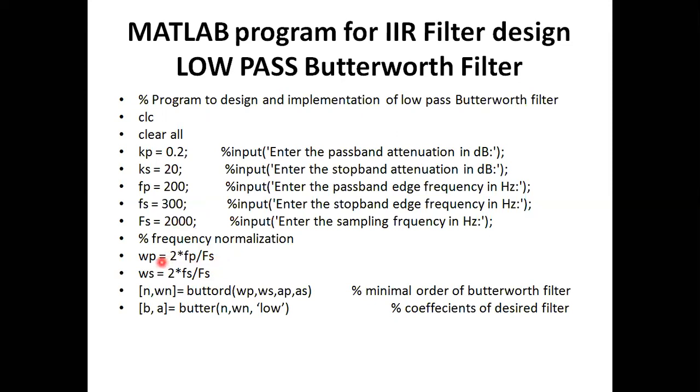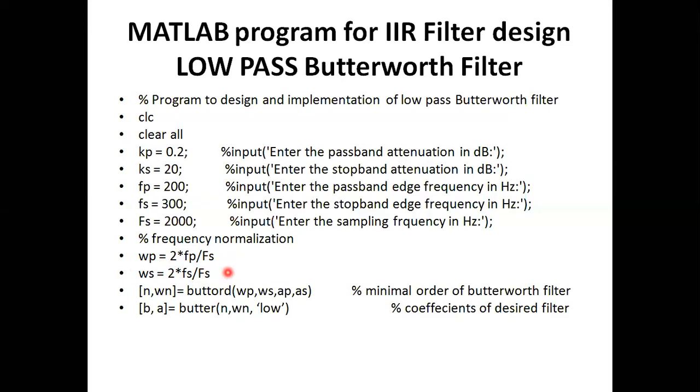Got it? So this is your omega p, normalized passband frequency, equal to fp divided by fs by 2, and normalized stop band frequency omega s equal to fs divided by fs by 2. This is sampling frequency divided by 2, that is Nyquist rate. So here we have done the frequency normalization.